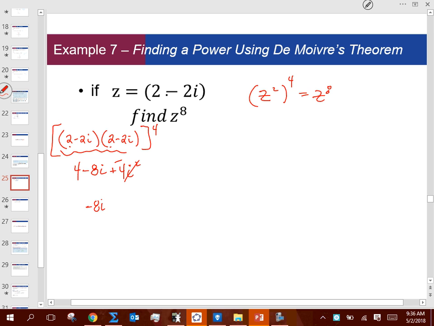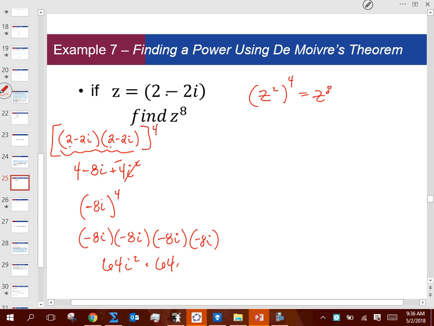Okay. So that is negative 8i, and I want to raise that to the 4th power. So now it's going to be negative 8i times negative 8i times negative 8i times negative 8i. And this turns out to be, negative 8 times negative 8 is 64i squared, right? And this other one will also be 64i squared.